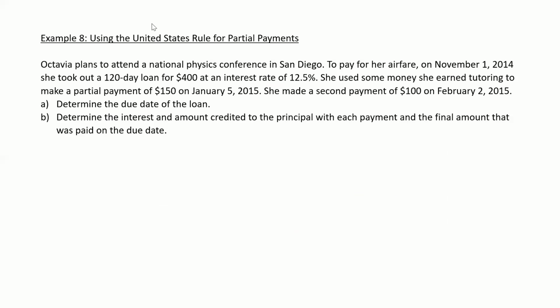So period 2, she has started with $100 for her payment. And we first always have to subtract $2.52, the interest, which leaves us with $97.48.